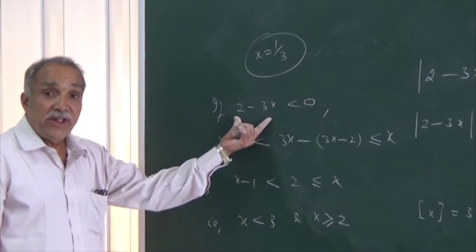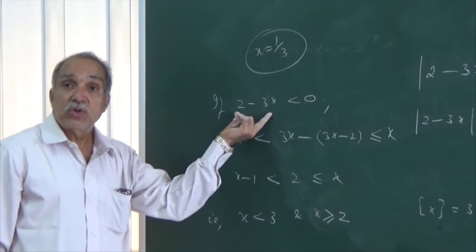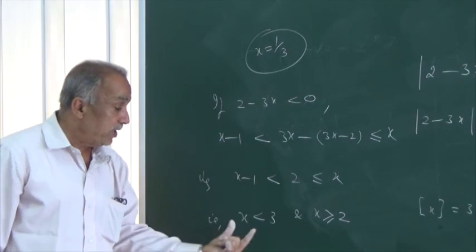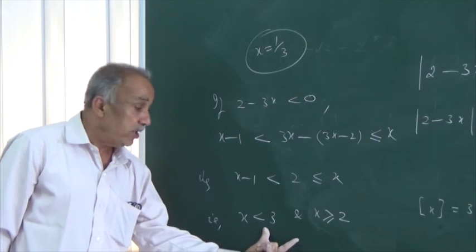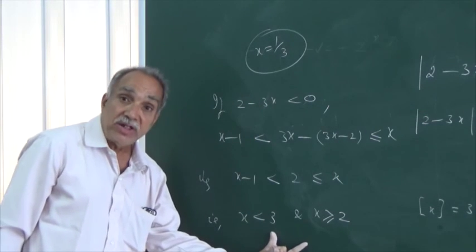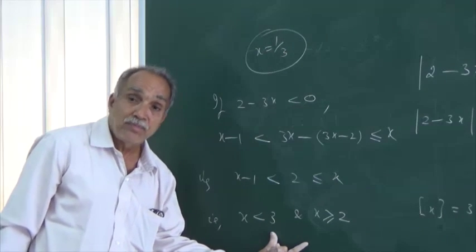Can we have 2 minus 3x less than 0? 2 minus 3x less than 0 means 2 less than 3x means x greater than 2 by 3. Can x be greater than 2 by 3 when x is between 2 and 3? Yes, every number between 2 and 3 satisfies this, and a number satisfying these inequalities will have integer part 2.